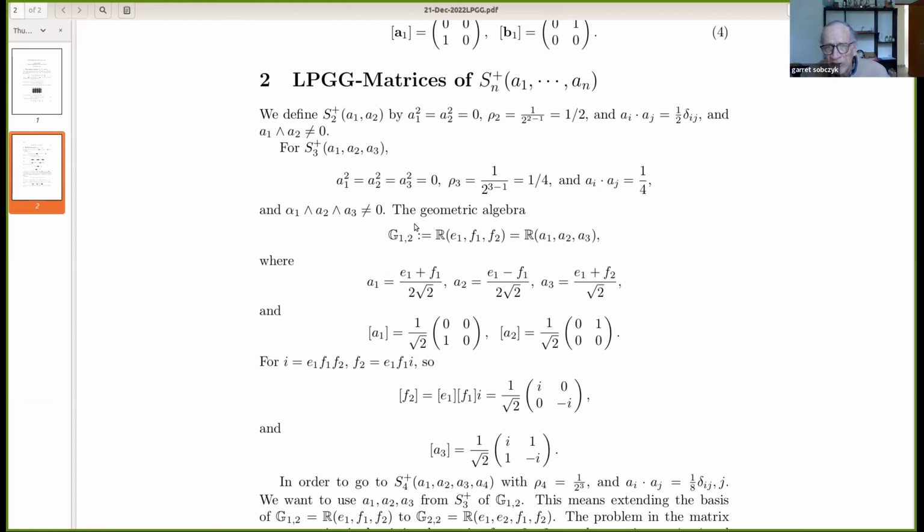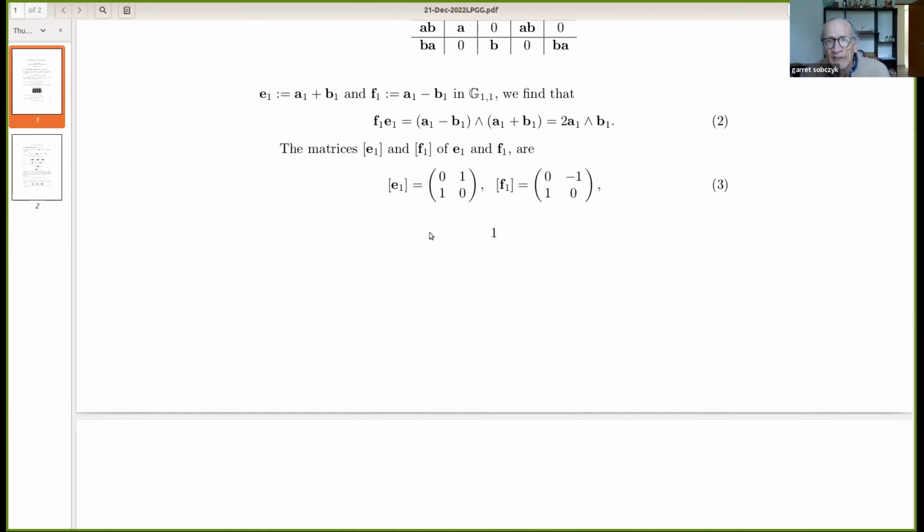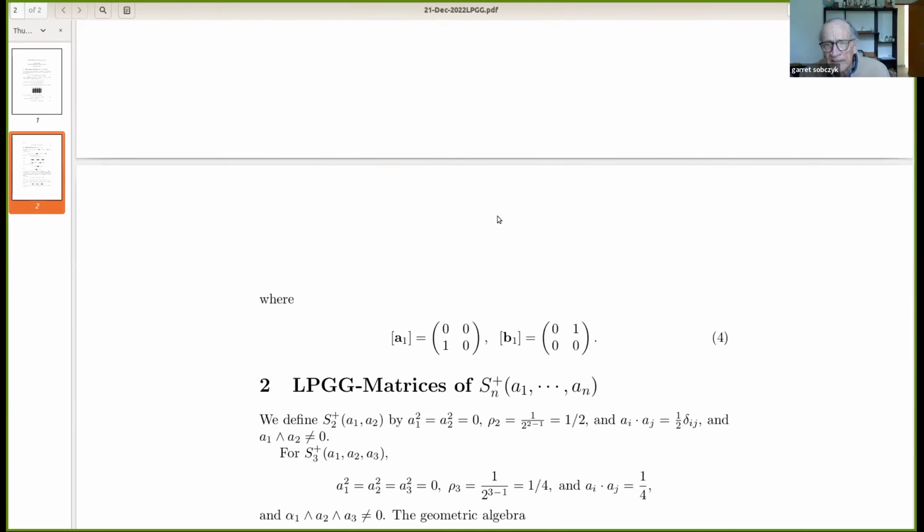We define A1 equal to E1 plus F1, A2 is equal to E1 minus F1, and A3 is equal to E1 plus F2. Now if we calculate the matrices of these things, remember that E1 and F1 are exactly the same as what we had here, except I'm not using boldface.